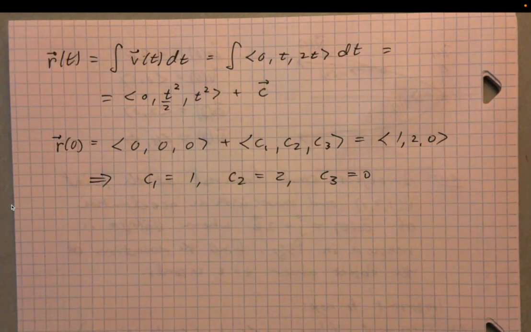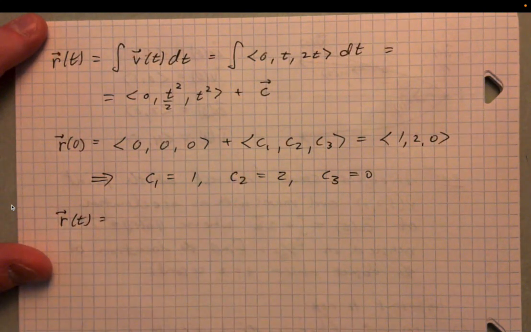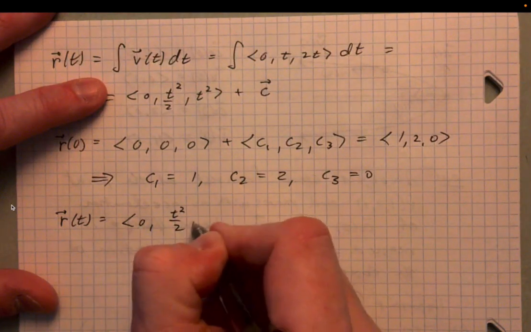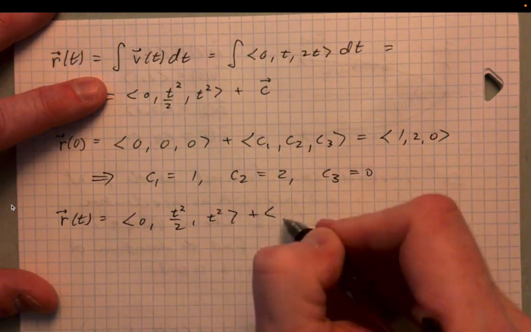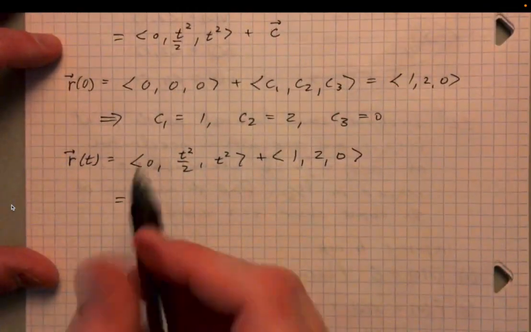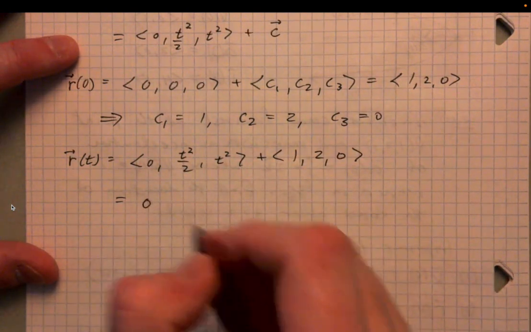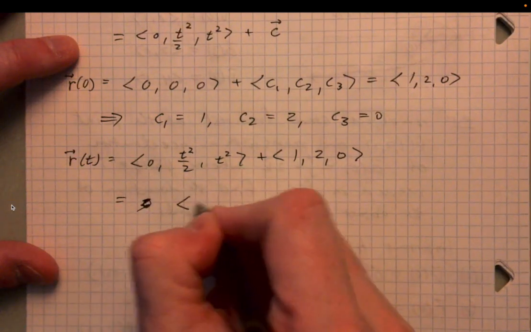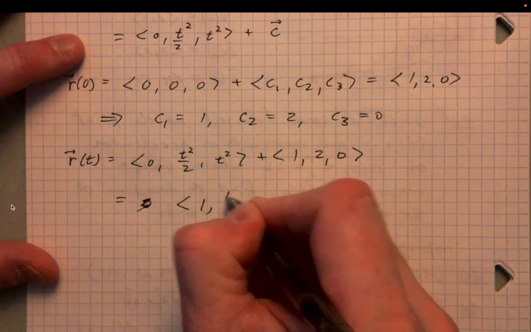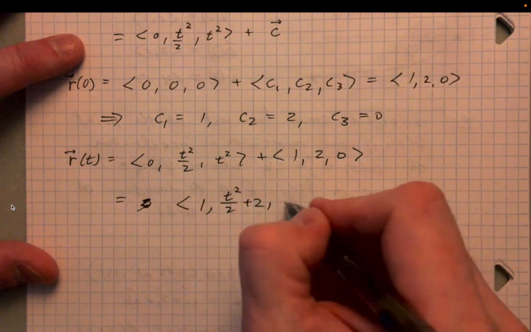Okay. And so the position vector, therefore, is equal to 0, comma t squared over 2, comma t squared, plus 1, 2, 0. You can write this in a couple different ways. One way is to do a vector addition here, so instead of 0, it's 0 plus 1. So you get 1 for the x component, the y component is t squared over 2 plus 2, and the z component is just t squared.